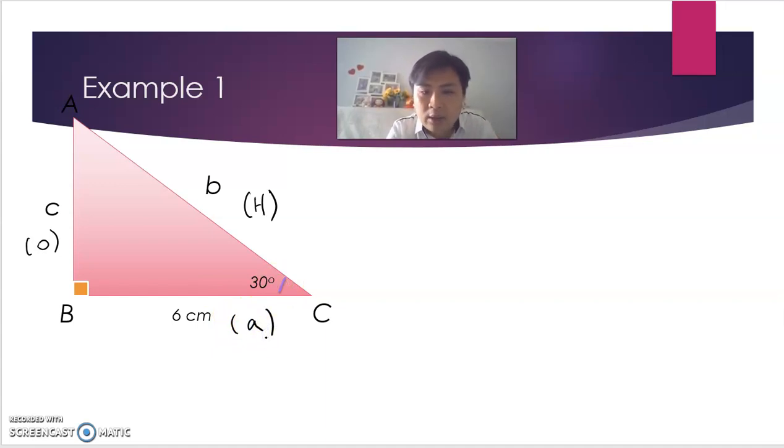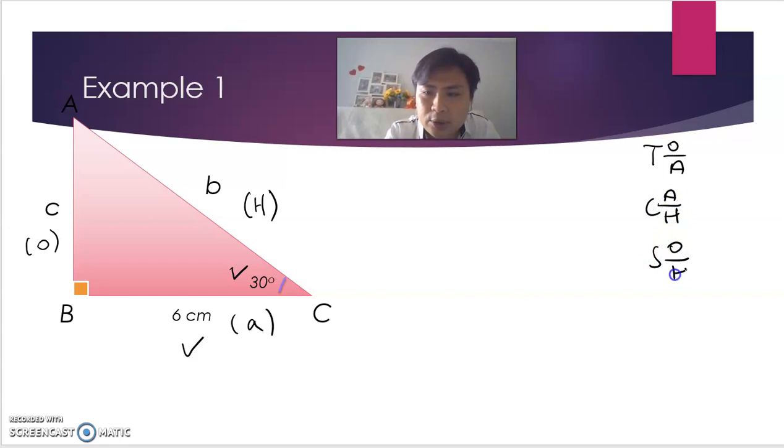Our given length, which is 6 cm, and our given angle, which is 30 degrees. We want to find b, so b is our unknown in this question. If b is the unknown, we have A, we have H. Just recall the three formulas: TOA, CAH, and SOH.